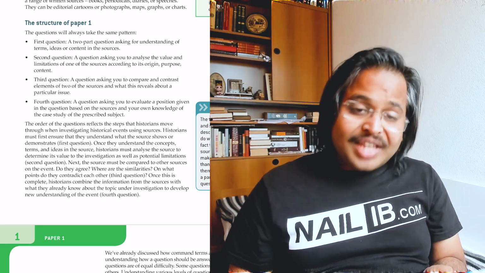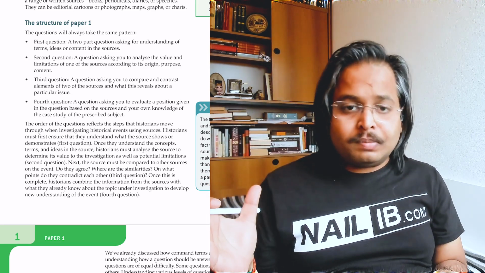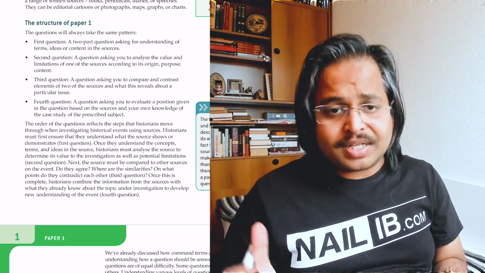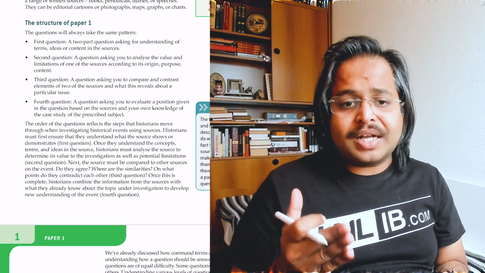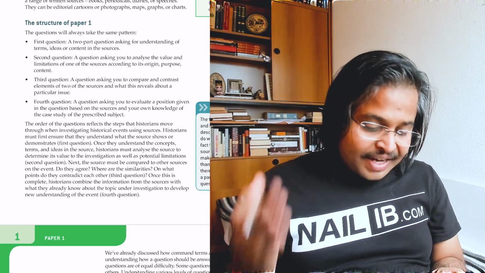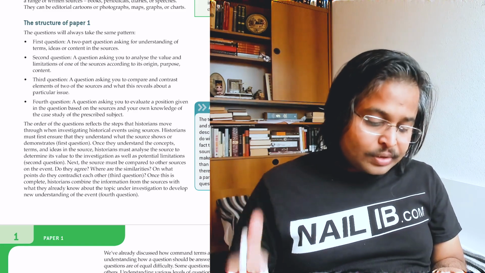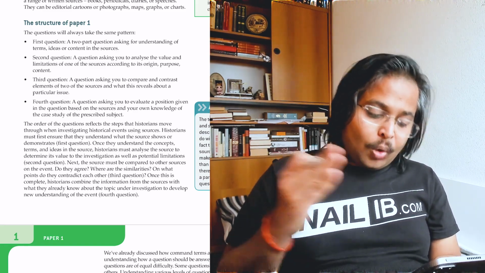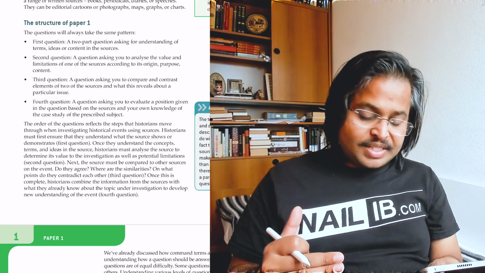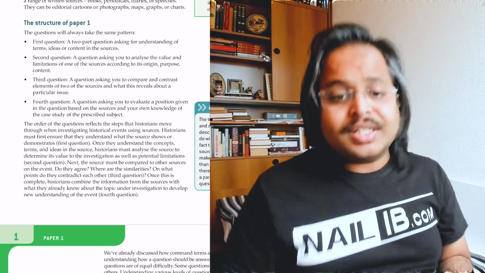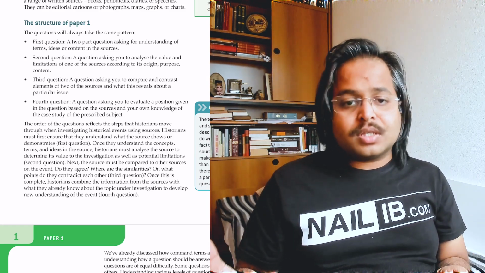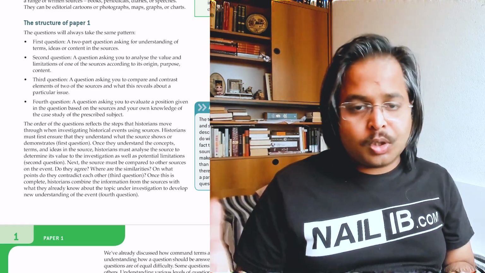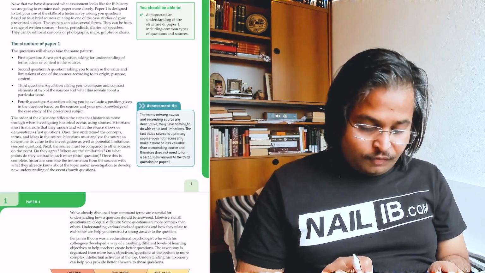And only from there can they then compare it in their own minds with other sources that they have already seen or experienced. So that's the question where they are looking at the comparison and contrast. And finally, once this is complete, historians combine the information from the sources with what they already know about the topic under their investigation to develop new understanding of the event, which is question 4. So that kind of a final evaluation is what presents itself as question 4.